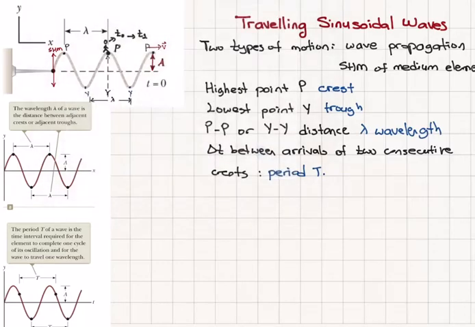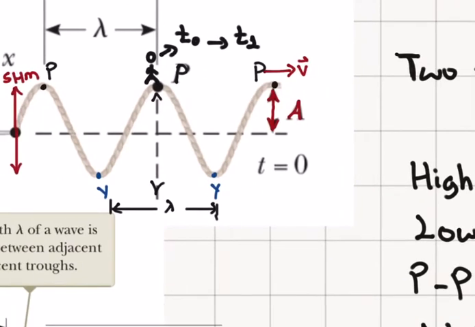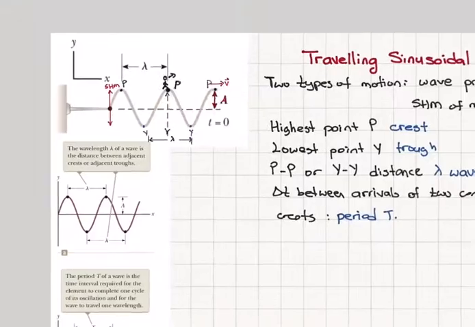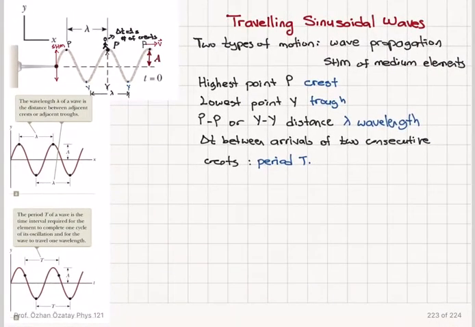On the other hand, if this observer, instead of measuring the time for consecutive crests to arrive, measures how many crests we have in 1 second, then what I'm measuring is the frequency, the number of crests that pass point P in 1 second.